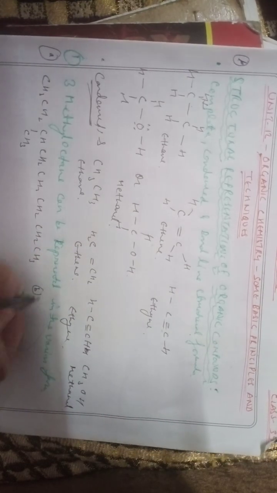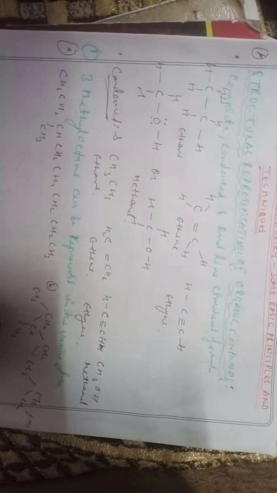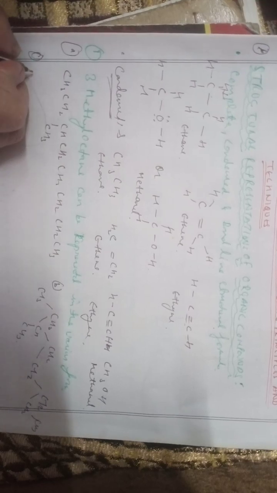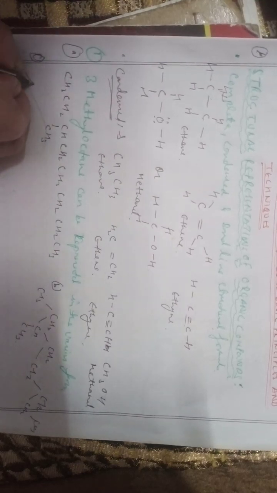The second form we can represent is CH3 bonded with CH2, bonded with CH, bonded with CH2, CH2, bonded with CH2, CH2, CH3, and this CH is single bonded with CH3. Now the third one: you can also represent 3-methyl octane as follows.